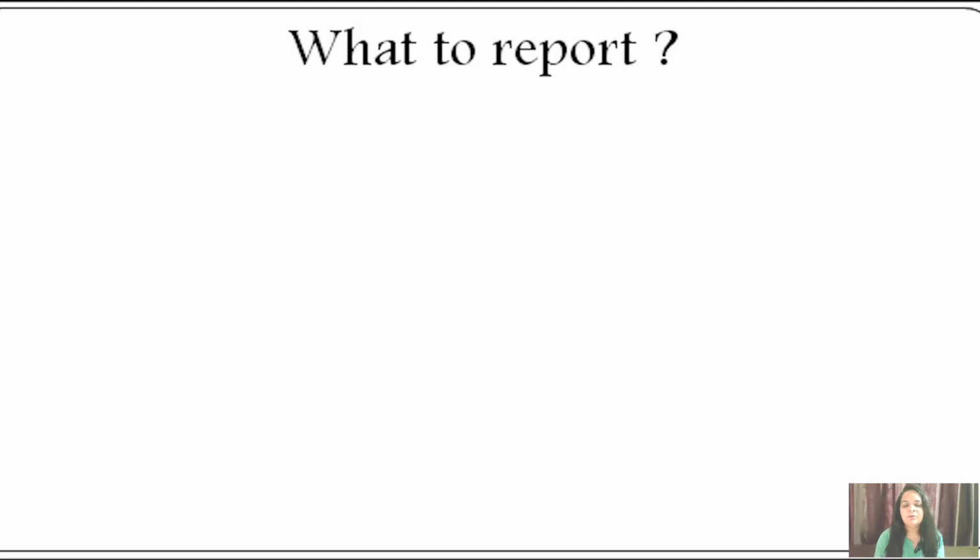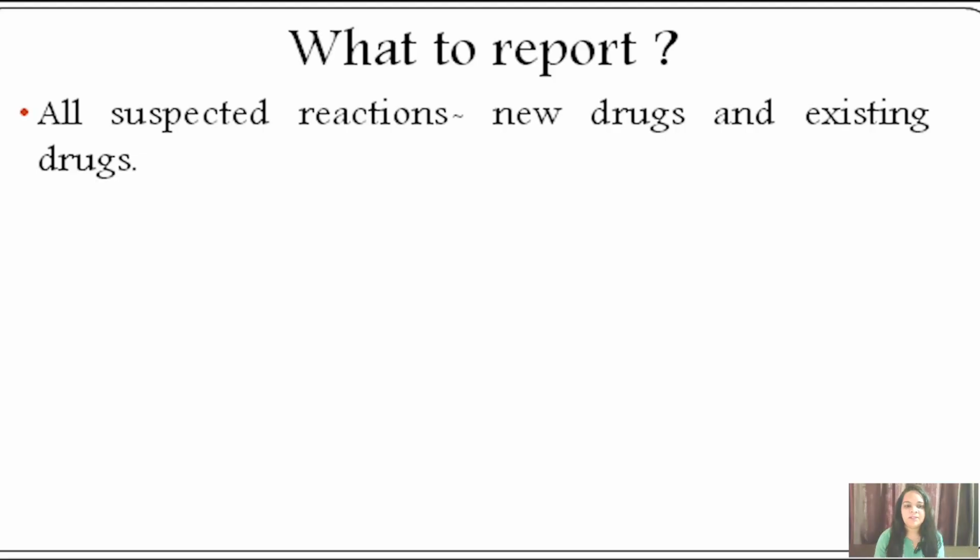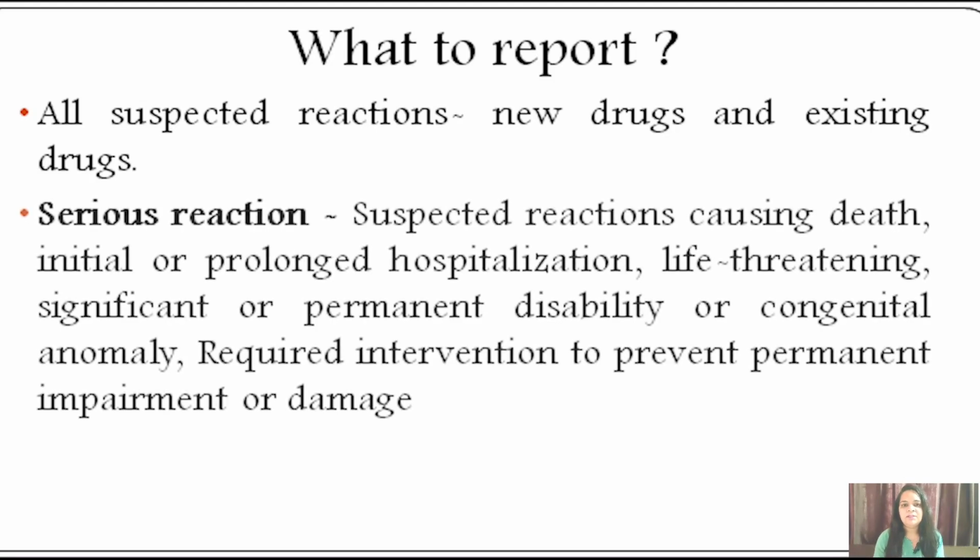Now, what to report in ADR. All suspected reactions due to new drugs or existing drugs need to be reported. Then serious reactions, suspected reactions which cause death, initial or prolonged hospitalization, life-threatening conditions, significant or permanent disability or congenital anomaly, or those conditions which require intervention to prevent permanent impairment or damage.